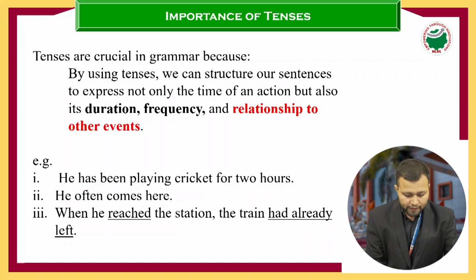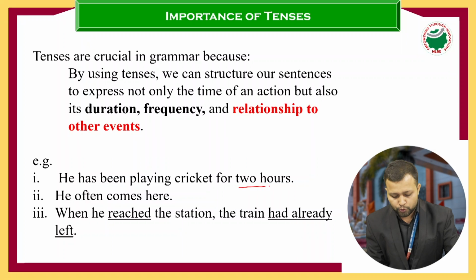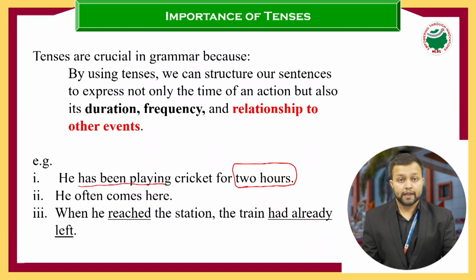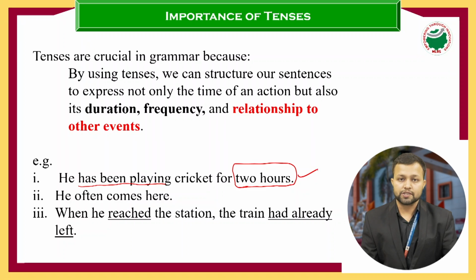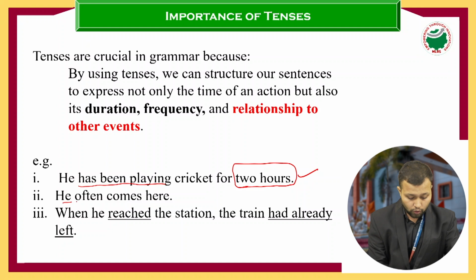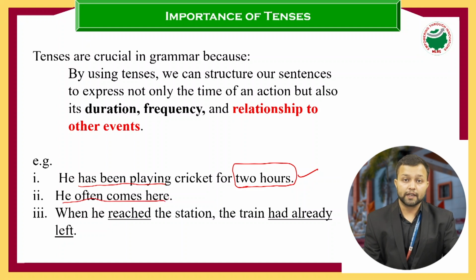For example, he has been playing cricket for 2 hours. Now, has been playing: the action started in the past and was continuous up to the present moment, or is still continuous. Duration is mentioned, 2 hours. So it tells us the duration of action. He often comes here. It tells us frequency.